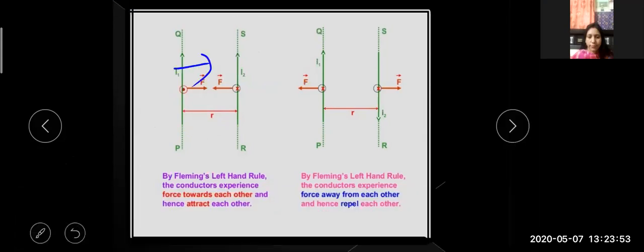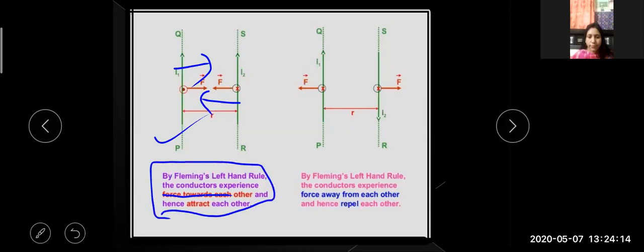The force on RS due to PQ is given in this direction. We have already discussed it. The direction of force is given by Fleming's left hand rule. So in this case, the conductors experience force towards each other, and hence they will attract. I'm thinking you are getting my point.